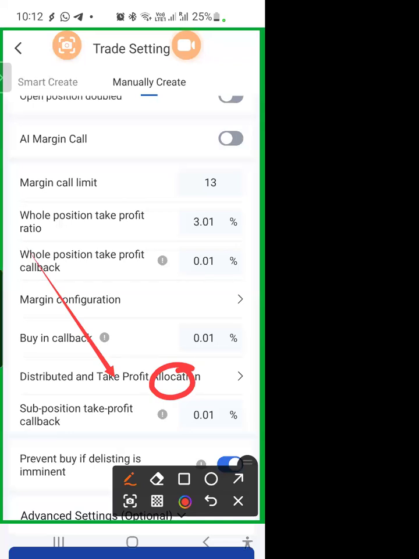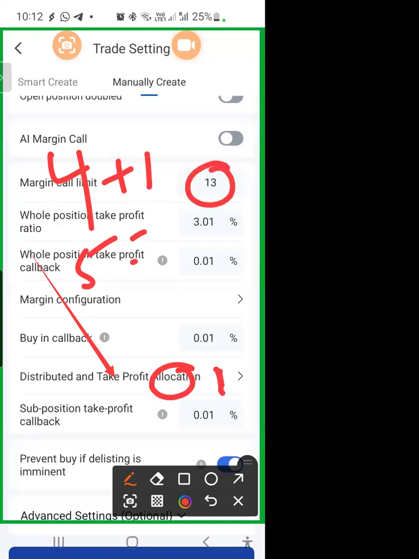So you'll find nothing there. But if you set more than 4 margin calls here, let's say you have set 5, you will find 1 here. What is the meaning of that 1? It is that 1 supposition plus the first 4 margin calls to make the 5 margin calls.